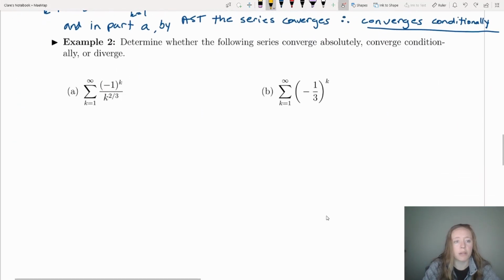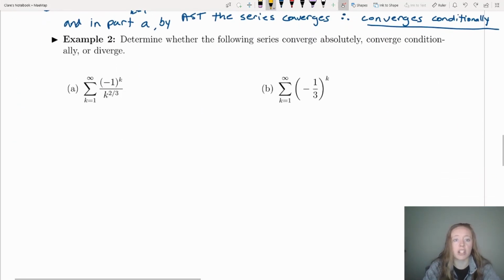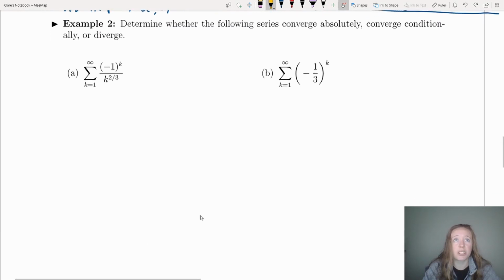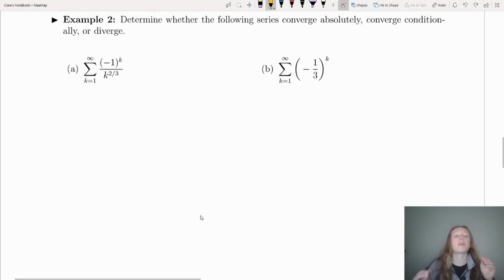Example 2 says to determine whether the following series converge absolutely, converge conditionally, or diverge. What I like to do to make this a little bit easier on myself, because remember, if the absolute value of the series converges, then it converges absolutely, and we don't even need to do the alternating series test, is check the absolute value of this series first.